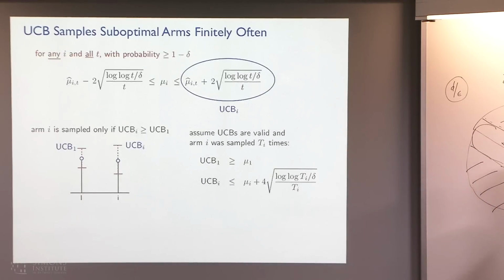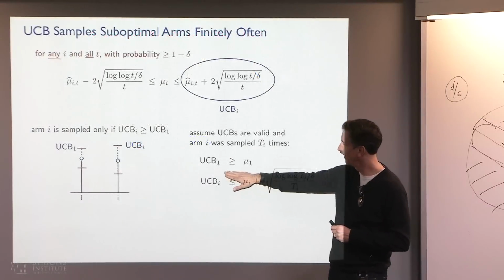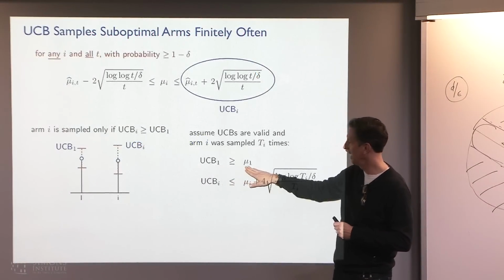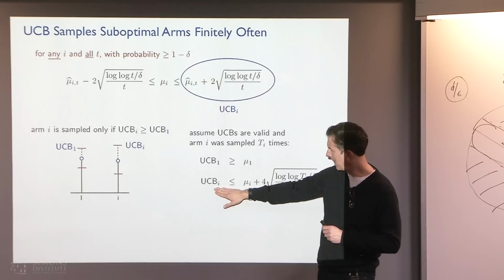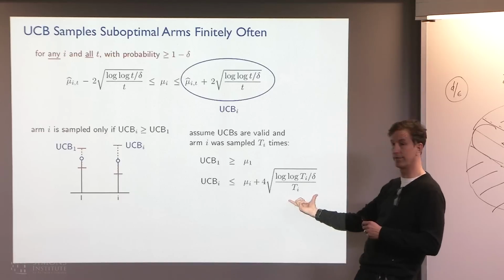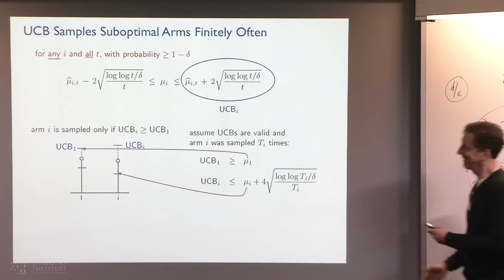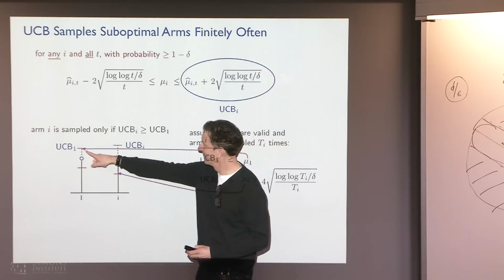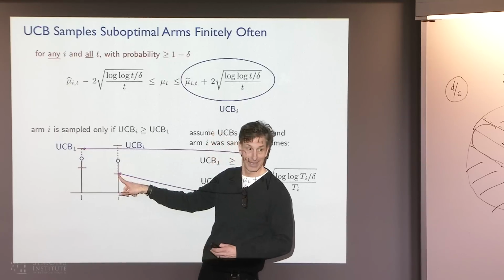Now, if we assume that these confidence intervals are valid, and that arm I was sampled, say, capital T I times so far, what we know is that the upper confidence bound for 1 has to be larger than its mean, and the upper confidence bound for arm I has to be less than its mean plus the full width of that confidence interval. So what I'm saying is, in kind of a worst case situation, this guy's mean is right up at the border there, and this guy's mean is way down here.